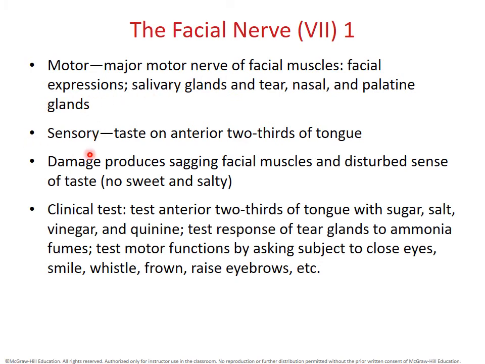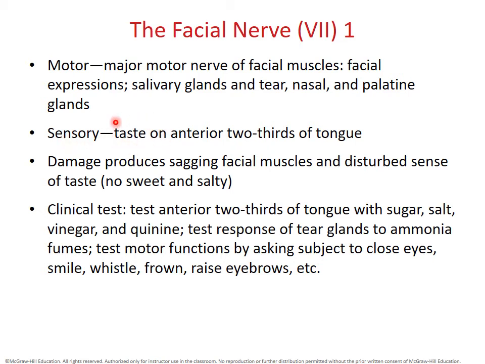Now, I did say it had one significant sensory function, and its sensory function is taste. Remember, we said that the one sensation that the trigeminal nerve didn't perform was taste. And we said that that was going to be performed by two other cranial nerves. Well, the facial nerve is one of the two cranial nerves that are involved in our sensation of taste.